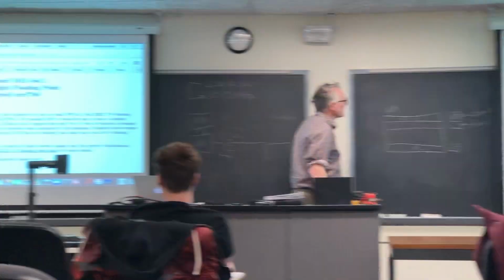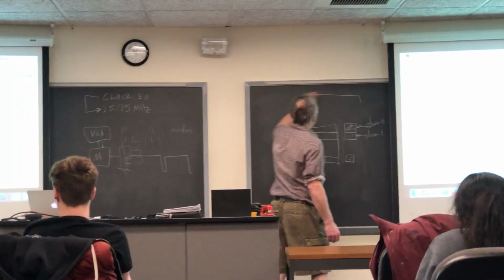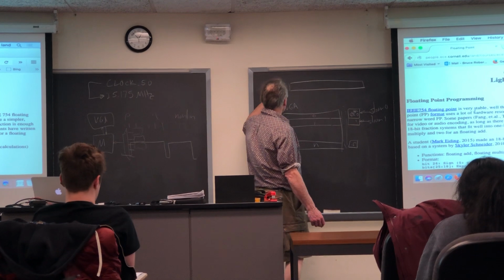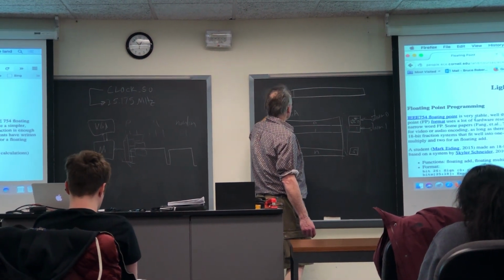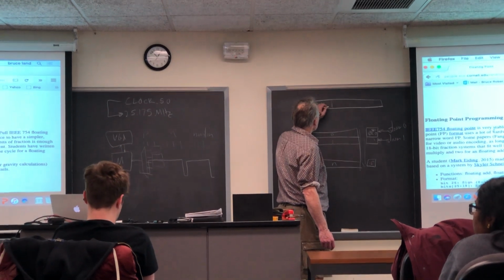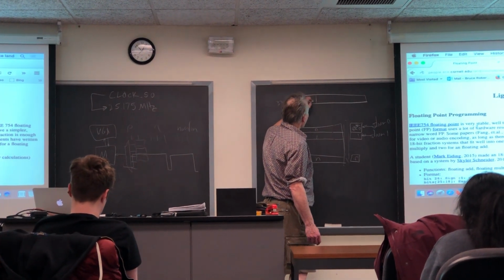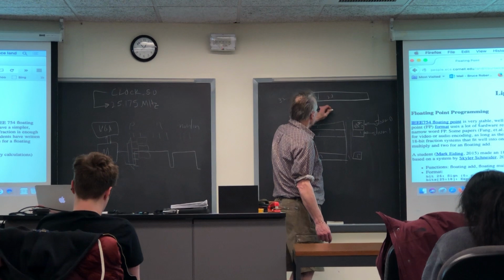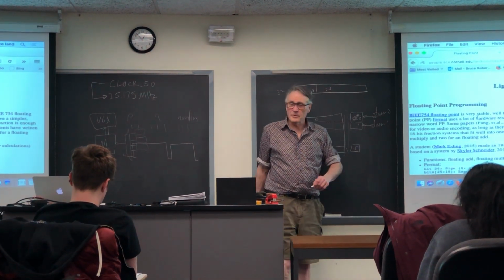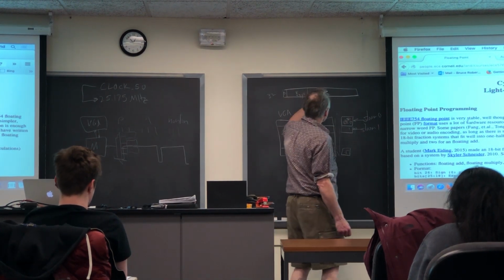So there's the 32-bit word, divided into a 1-bit sign bit, an 8-bit exponent, and a 23-bit mantissa, although the correct term is significand, but we'll call it mantissa.